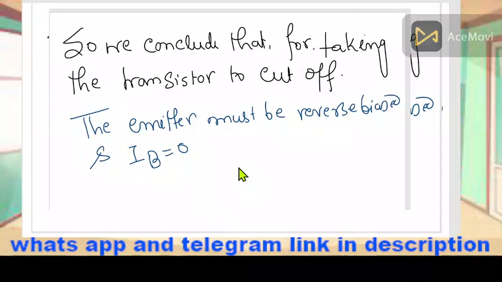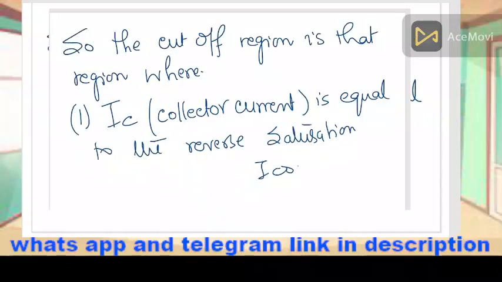So the first condition is that the emitter junction must be reverse biased, the collector junction is already reverse biased, and the base current should be 0. This is the important condition for the transistor to be in the cutoff state. And in the cutoff state, we must ensure that the collector current is equal to the reverse saturation current.